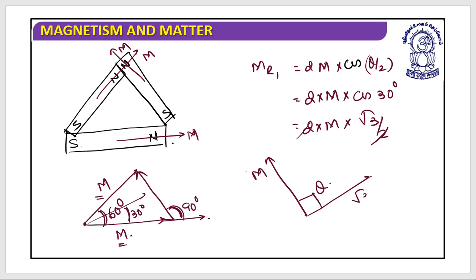This is M, this is root 3 M, and the rest according to the vector relation: m1 square plus m2 square plus 2 m1 m2 cos theta. You can do the rest. Is it clear? Basically this is only vector practice, using which you are going to calculate M net. Are you clear with this?